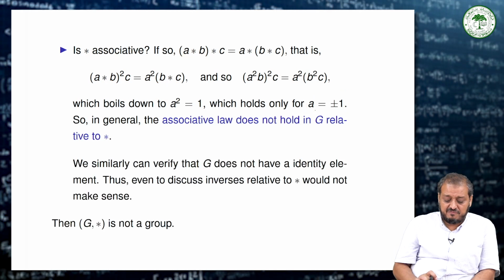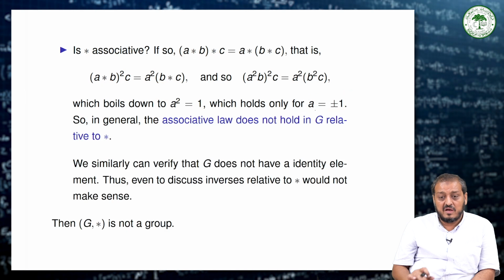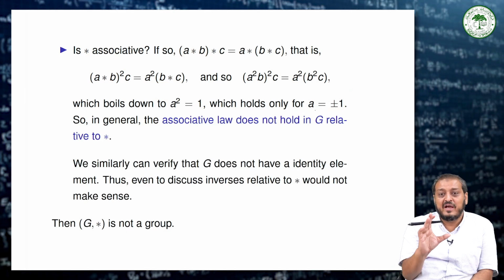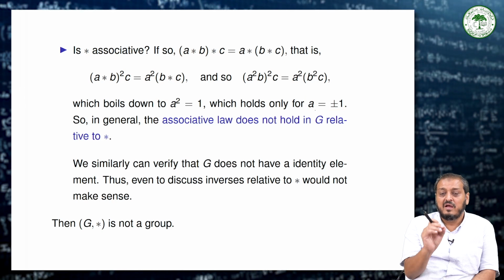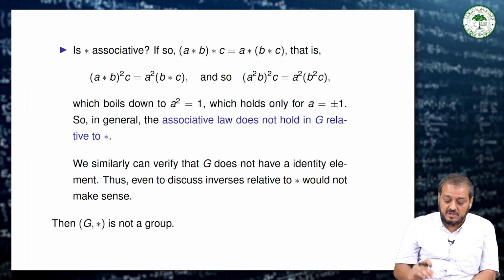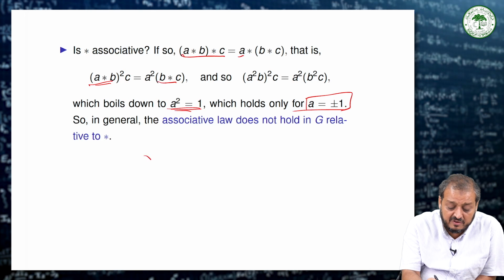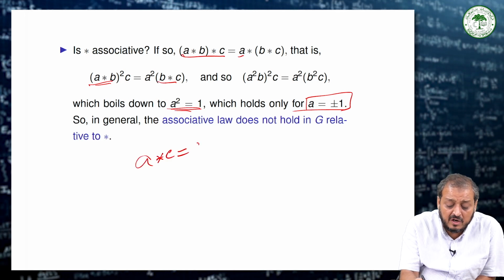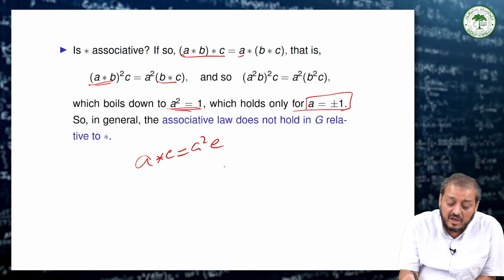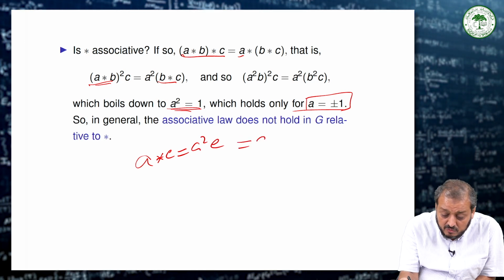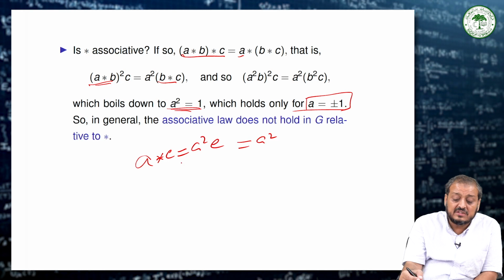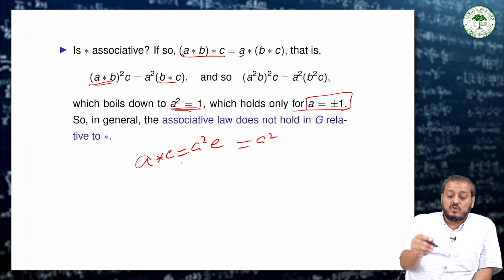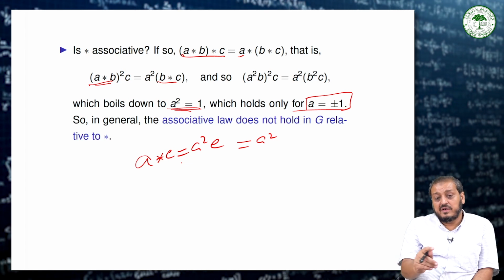So this is not a group. We can similarly verify that G does not have an identity element. We cannot find any element e such that a composition e equals a. Writing it as a square e, this gives you a square. So we cannot find such a non-zero element which gives you a as the identity element.